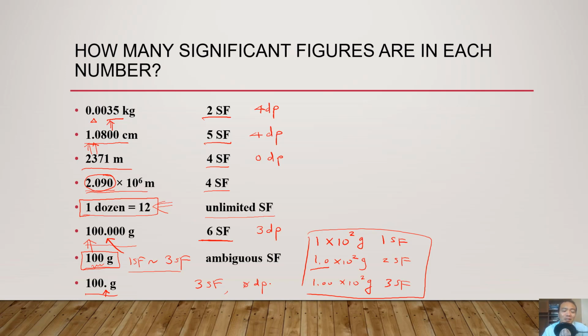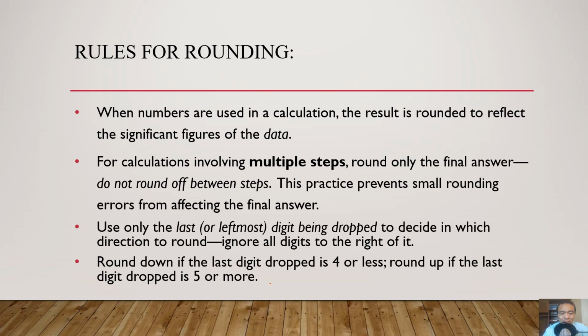All right. Let's move on and talk about how you should be rounding your results. When you do calculations, sometimes you'll be asked to do the rounding. How do you do it? First, for multi-step, you round only the final answer. Do not round off between steps.